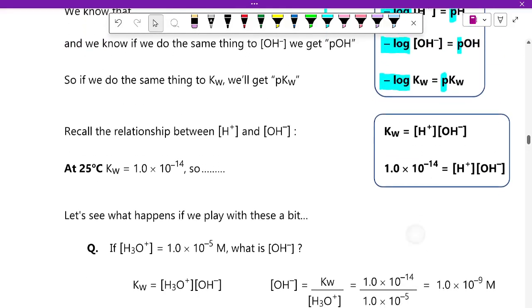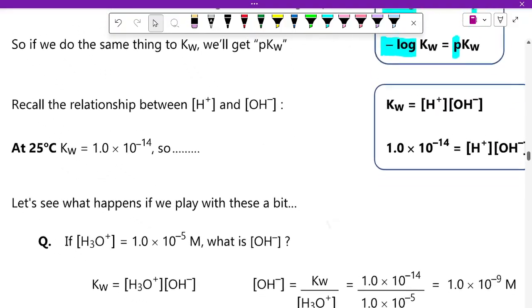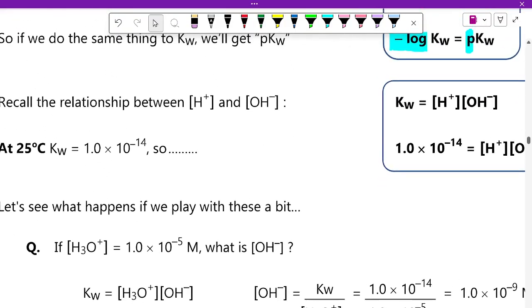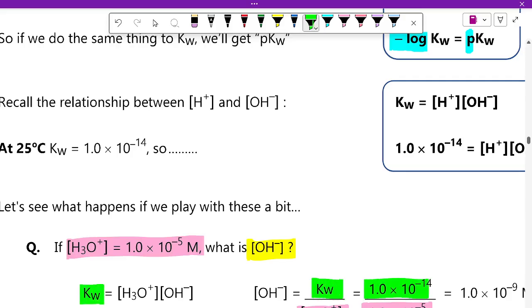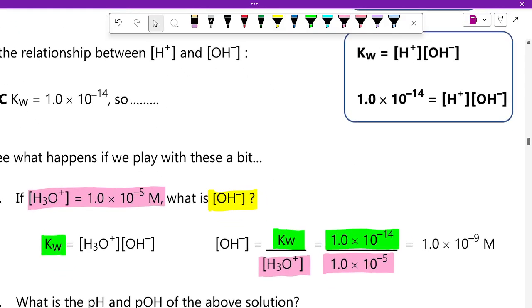So if we have a hydronium concentration of 1 times 10 to the negative 5, hydroxide is going to be, so we have our hydronium down here, we have our Kw, which is 1 times 10 to the negative 14, and we end up getting our hydroxide, which is 1 times 10 to the negative 9.